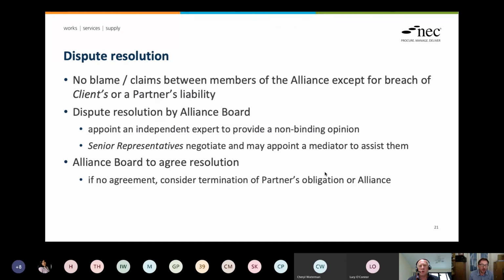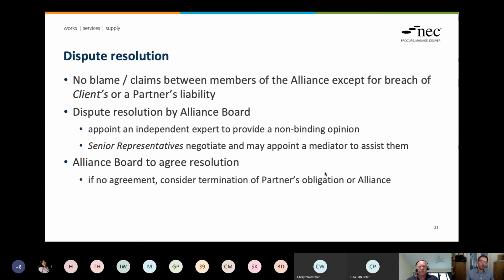So this is why I said earlier in the session, it seems to me that once you've gone through one of these options, either the board make a decision, or you bring in an independent expert, or the senior representatives do it, or maybe a combination of all of that.